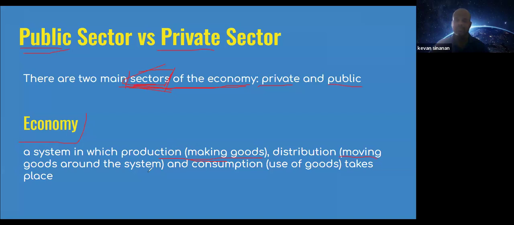Sometimes the customer comes to pick it up or you drop it off for the customer, and that is known as distribution. So after you produce the goods, you have to distribute them, moving the goods around the system, and then after they reach the customer, they are consumed, meaning the use of goods takes place.